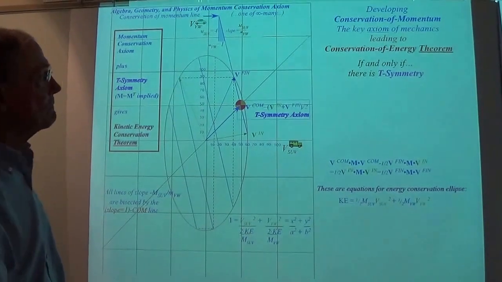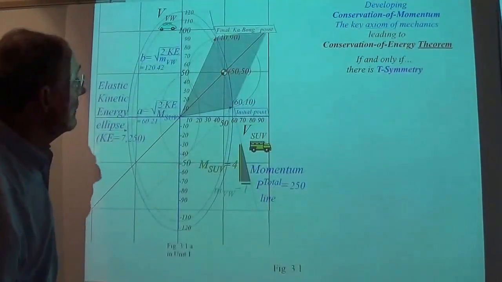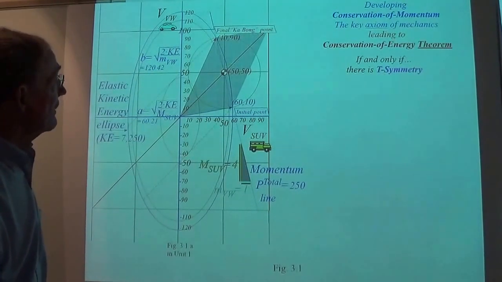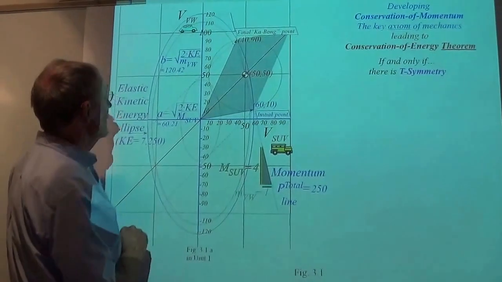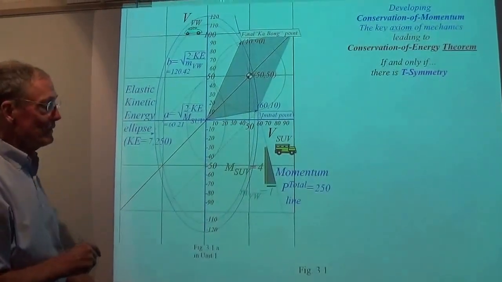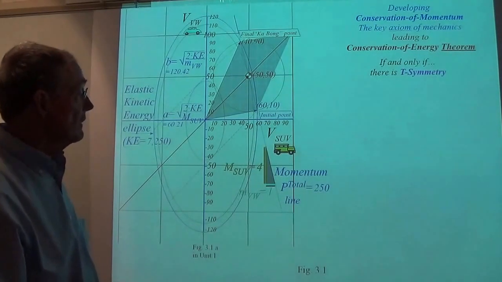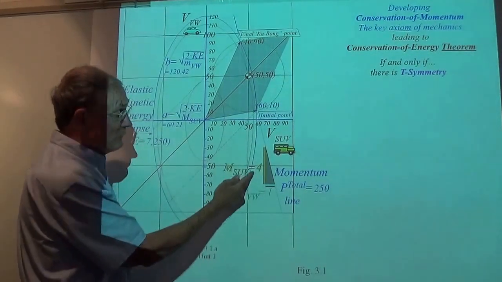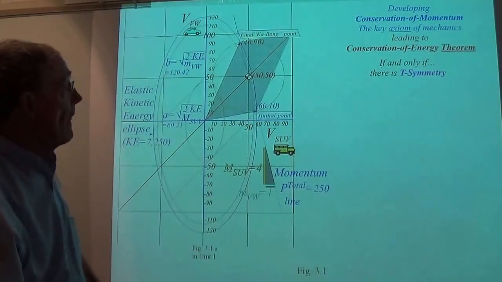Now, as I say, that's the important thing, if and only if there is T-symmetry. So, let's look at what would happen if I stopped right there. This is what I'm going to be giving you as a problem to work, but let's just work one real quickly here. It's for the situation we have with 4 to 1 and starting out at 60 miles an hour at 10.